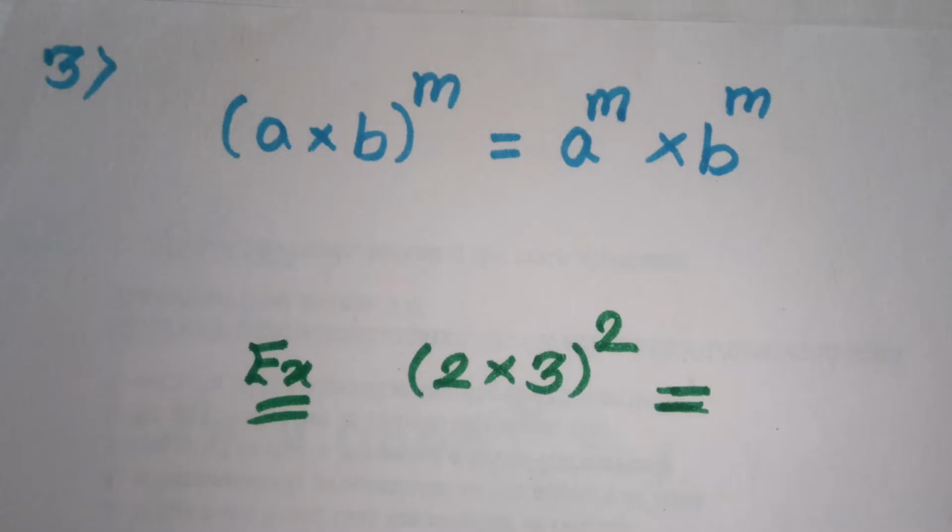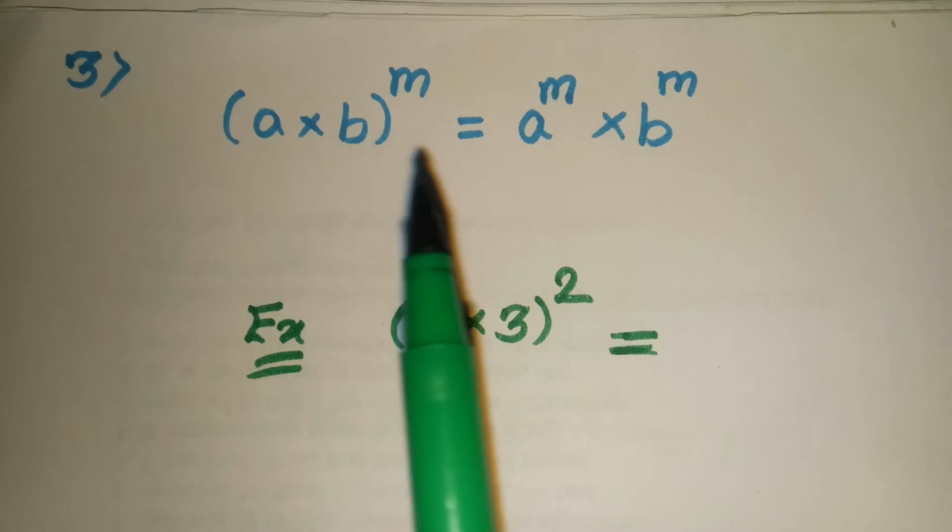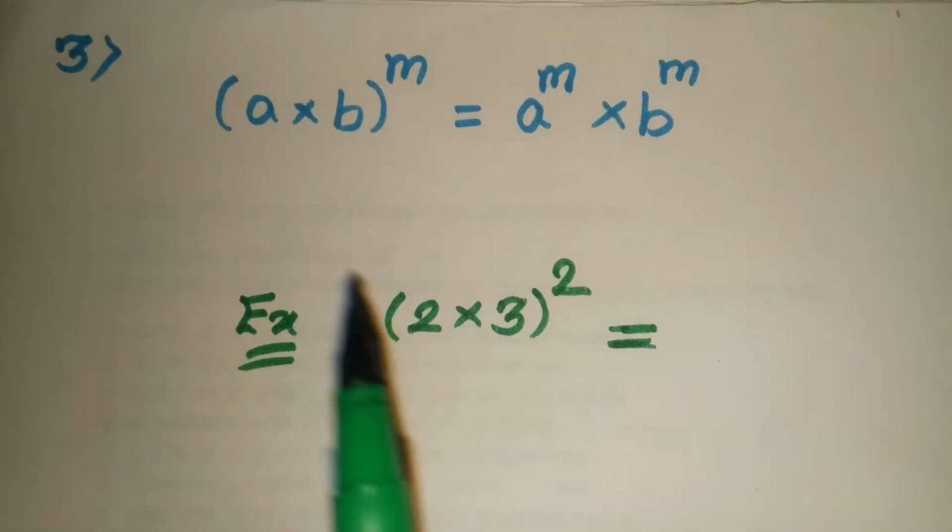Third, ab whole raised to the power m is equal to a raised to the power m into b raised to the power m. That is, if we have a number in the form of a product and the whole is raised to some power m, then we can separate the powers, that is first term power into second term power. Now we see the example. Here I have taken 2 into 3 bracket square and we apply this rule.